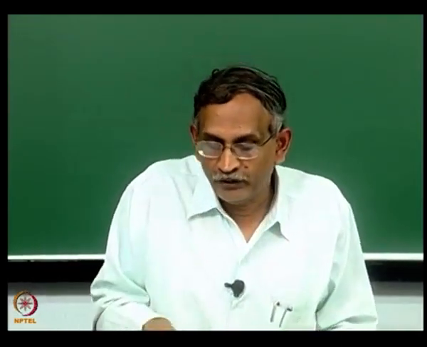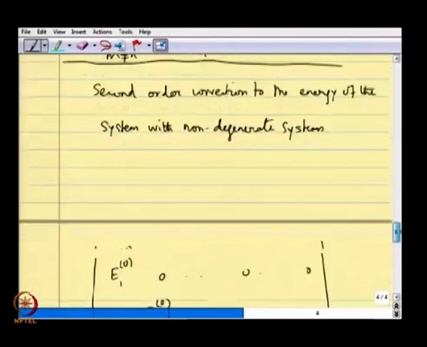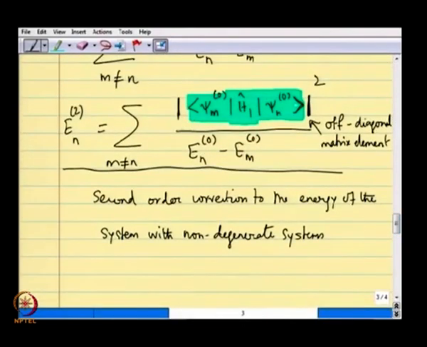Suppose you have En0 we start with, and here is the first one, the expression here. Let us assume that some value of n, m will be 1 to start with. So we take the matrix element of psi 1 0 H1 psi n0, whatever that n may be, divided by En0 minus E10.